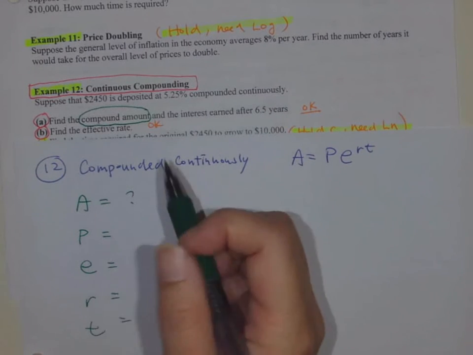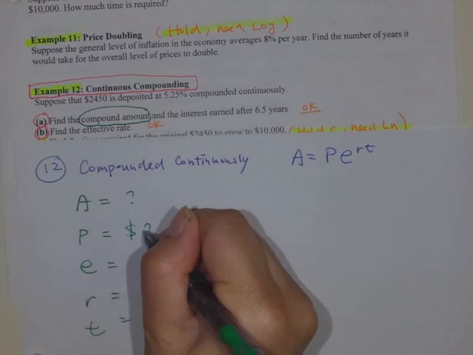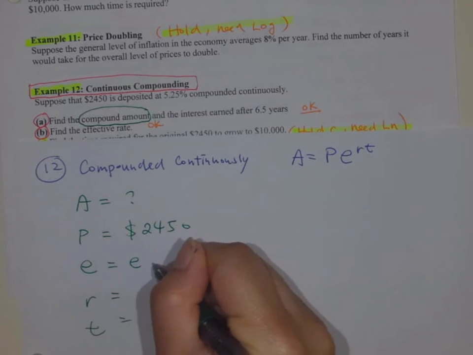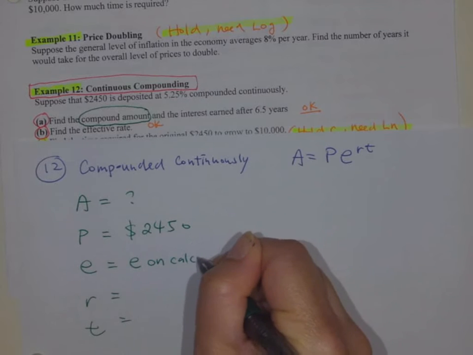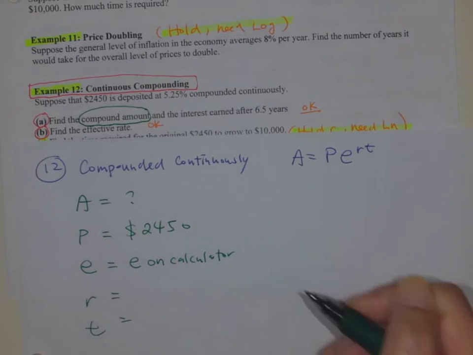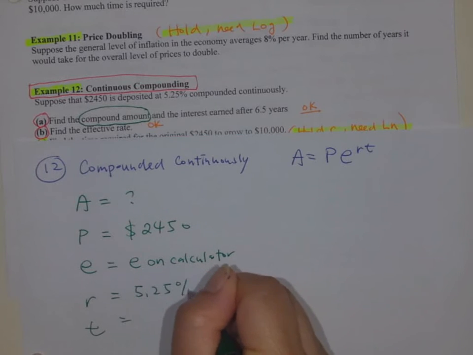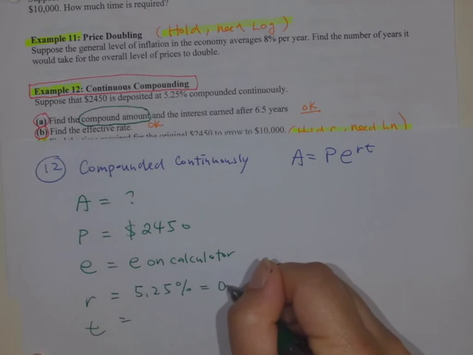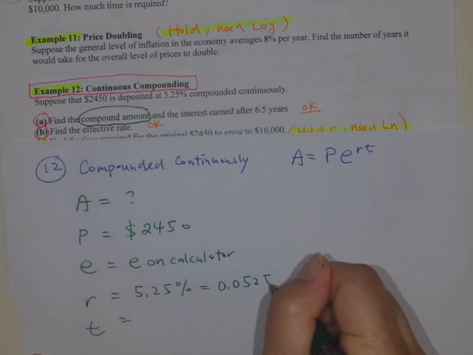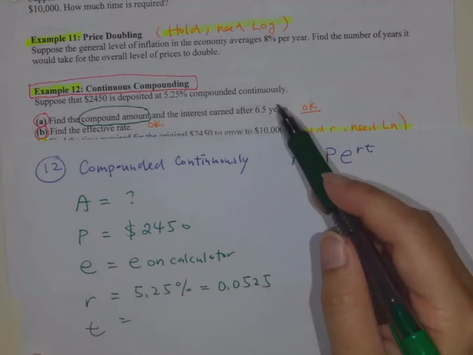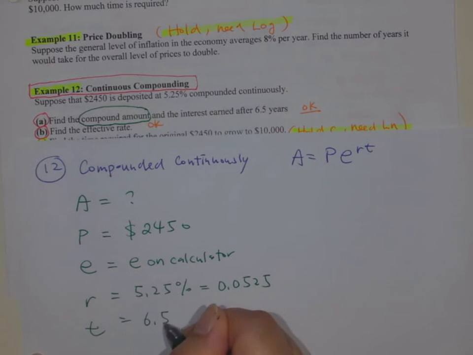Principal is what you put in, which is $2,450. E is e on your calculator, which is the natural number, and r is going to be 5.25%, decimal point is 0.0525, right? And then t is going to be 6.5 years.